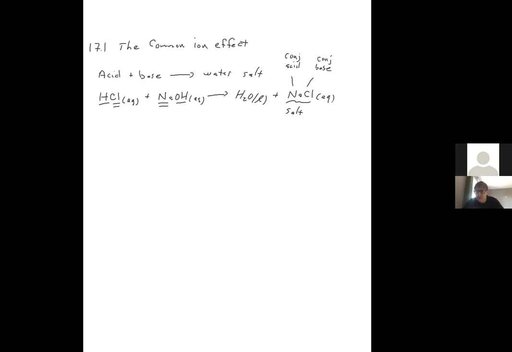So they're very weak in terms of their effect on acidity or pH. Okay, so this would be a neutral salt. But we'll look at cases where the salt could be acidic or basic, and that will have an effect in terms of the acidity in more details. So let's take a look at a problem here.